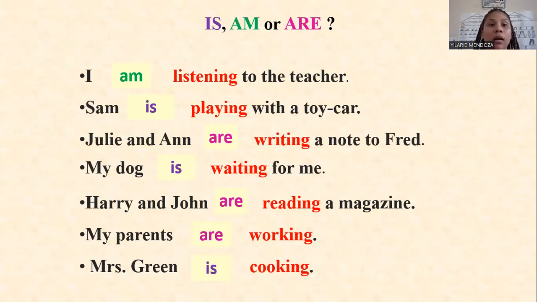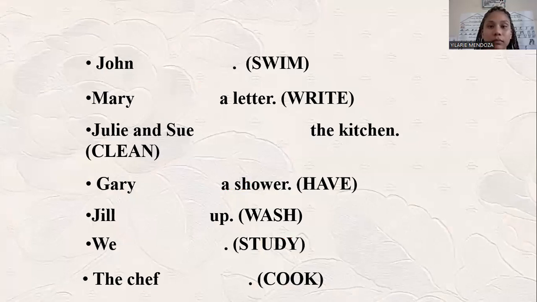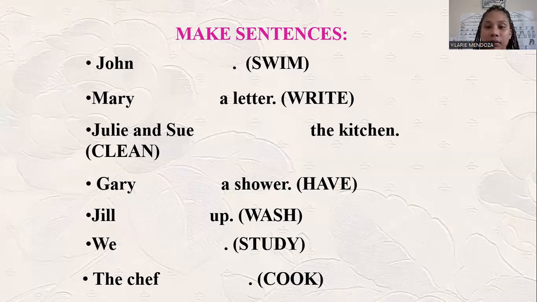I am listening. Sam is playing. Julie and Anne are writing. My dog is waiting. Harry and John are reading. My parents are working. Mr. Bean is cooking. Make the sentences in the classroom.